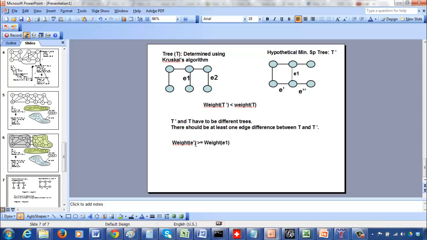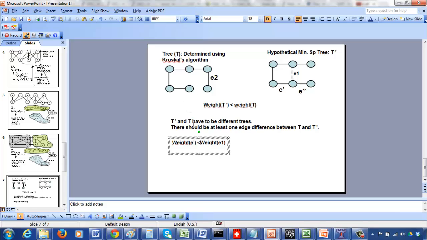Because if the weight of E prime was less than the weight of E1, Kruskal's algorithm would have picked E prime to connect, and it would not have picked E1.